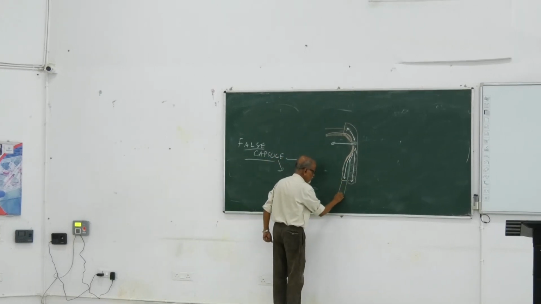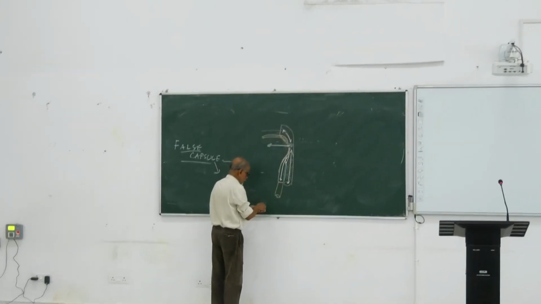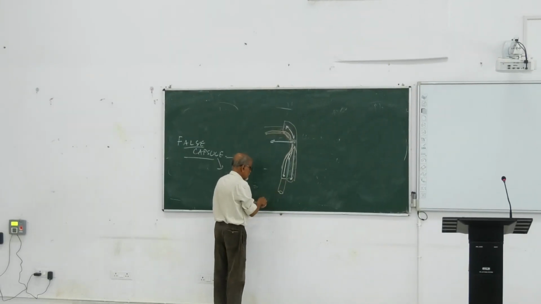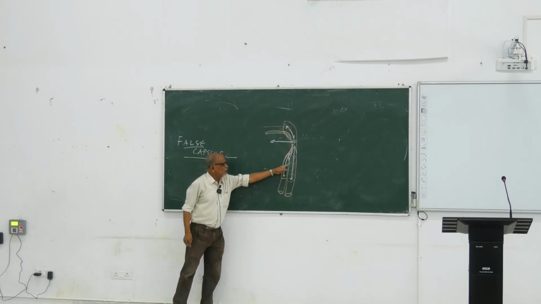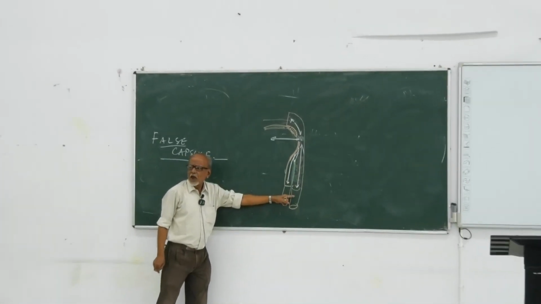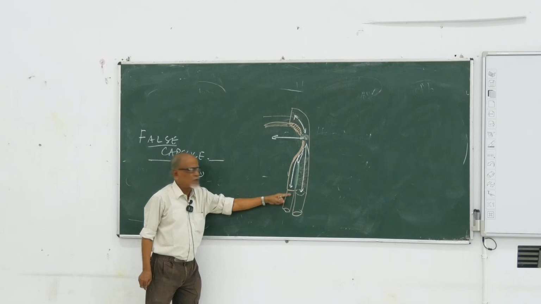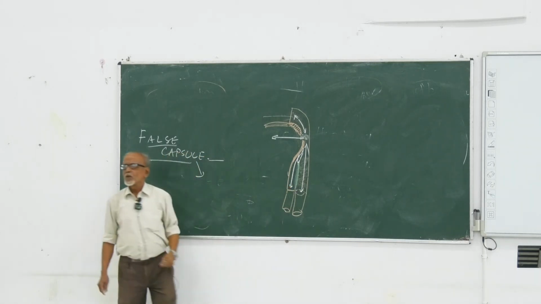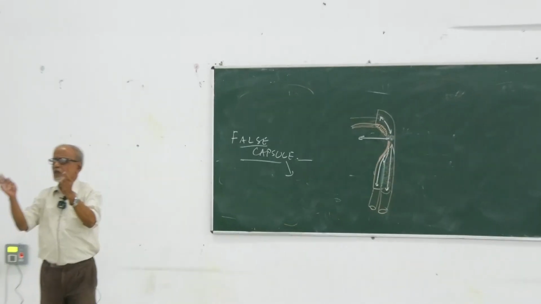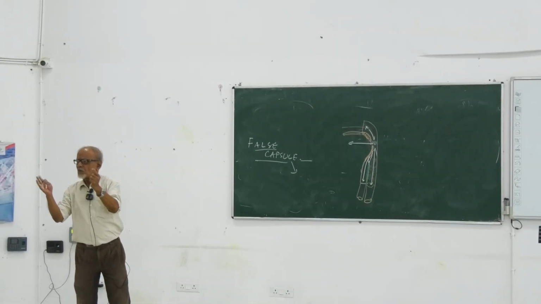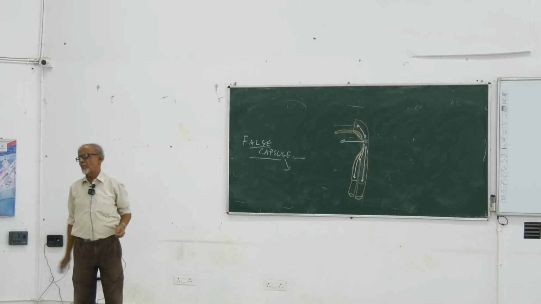This is the trachea, and this is the esophagus. At the pharyngo-esophageal junction and at the laryngotracheal junction, the two separate. Before that, the larynx and laryngopharynx share a common wall in between them.